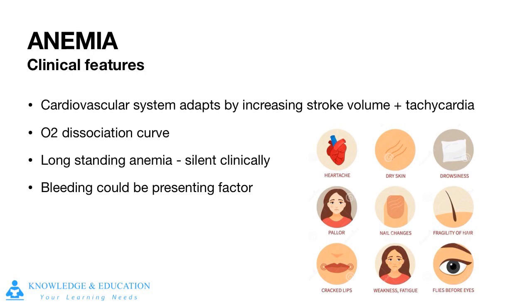Important point: long-standing anemia could be silent. So patients with chronic losses, either from the GI tract or urinary tract, usually take time, and the body is usually able to compensate. Some manifestations that we see in hematology: a patient gets referred because of bleeding, and you investigate that and find the patient is anemic.